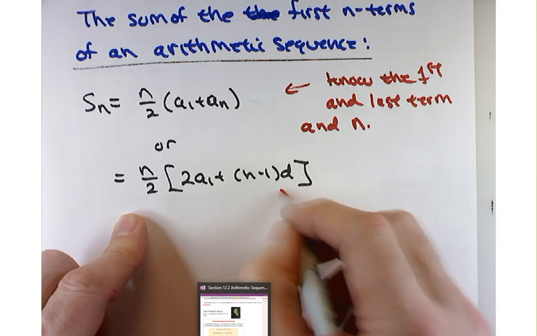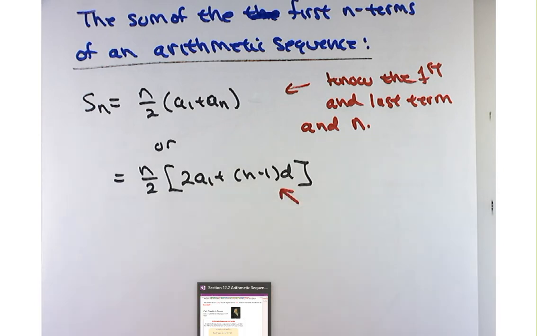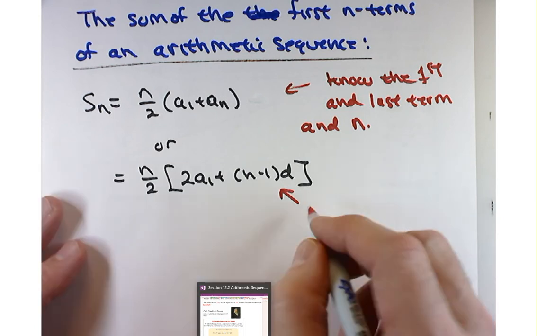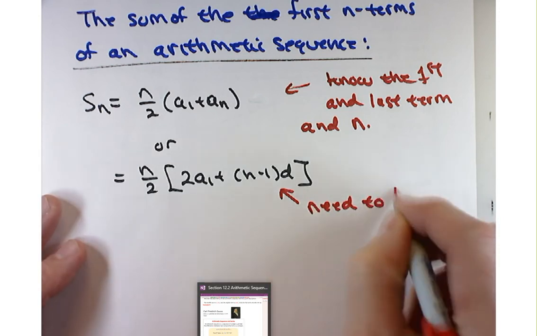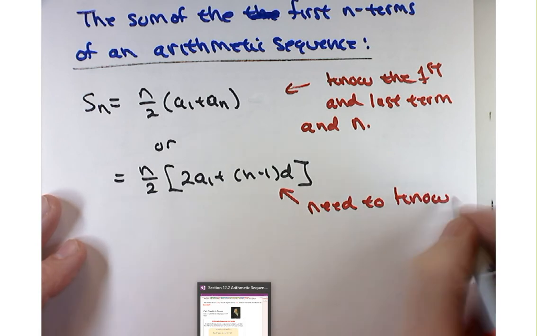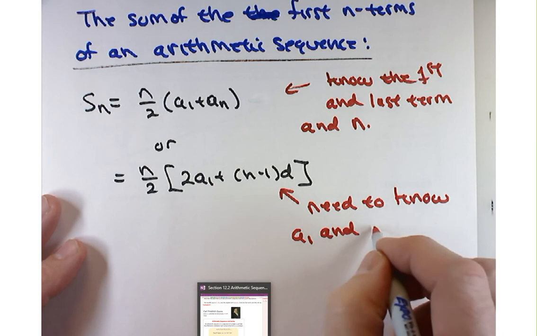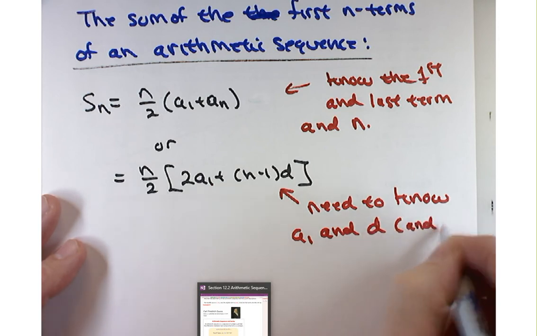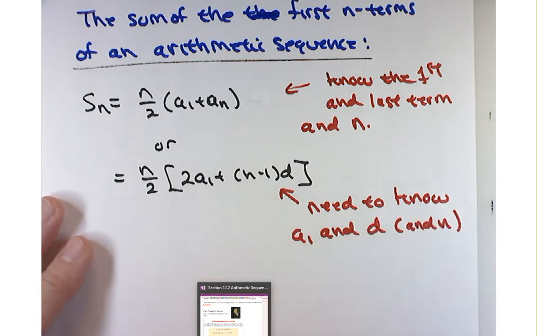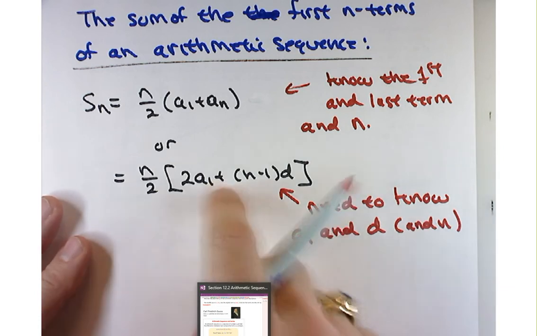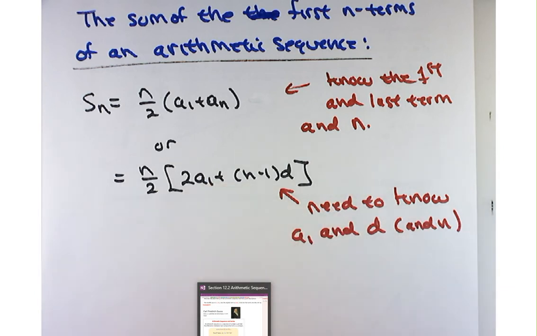For the second one, all you need to know is the first term, a sub 1, and d. I guess I should put and n. But you don't need to know the last term for this one. So if you don't have the last term, not a big deal. You do need to know n in both cases. N is how many terms you're summing up.